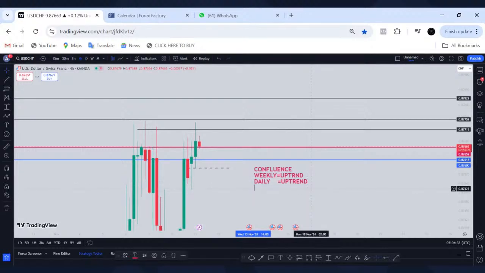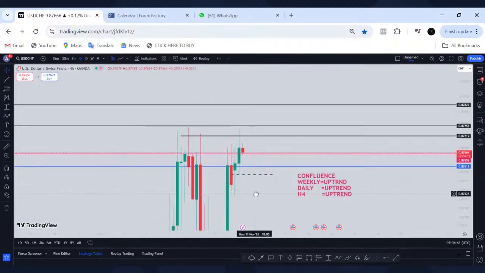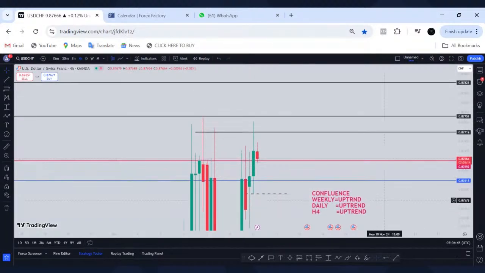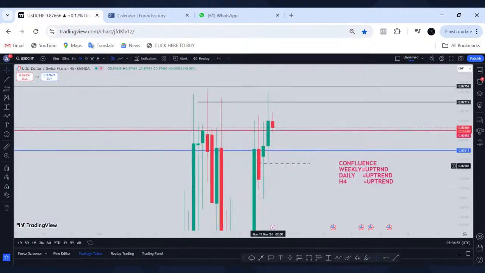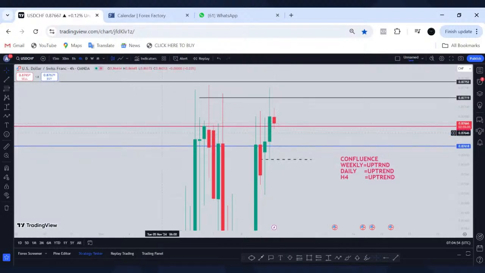So moving to the H4 time frame, H4 is an uptrend. You get it? H4 is an uptrend. Yeah, so one thing is we are having these zones over here. You get it? We are having the daily zone.